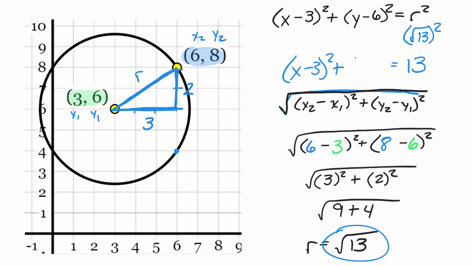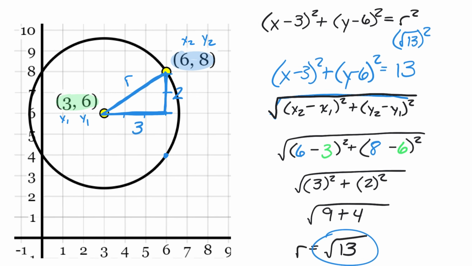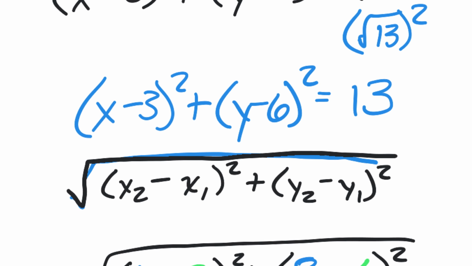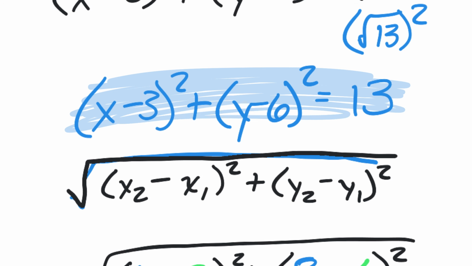So this is what we should be putting in: x minus 3 squared plus y minus 6 squared equals just 13. So this is our example 3 solution.